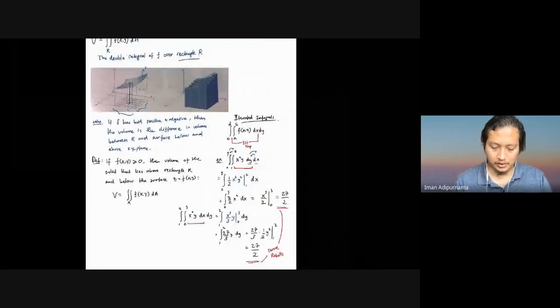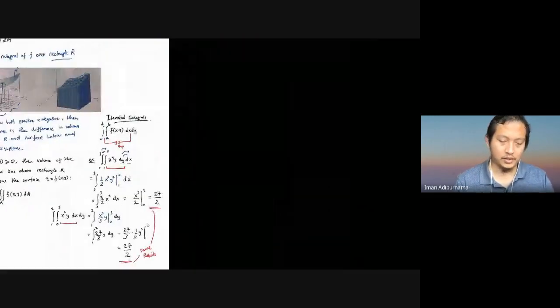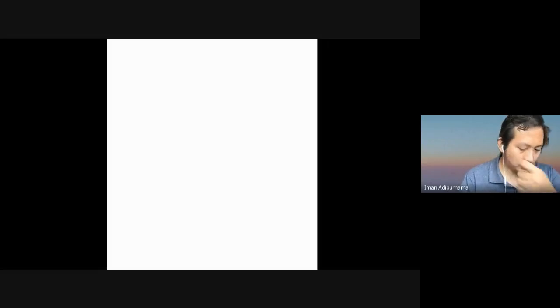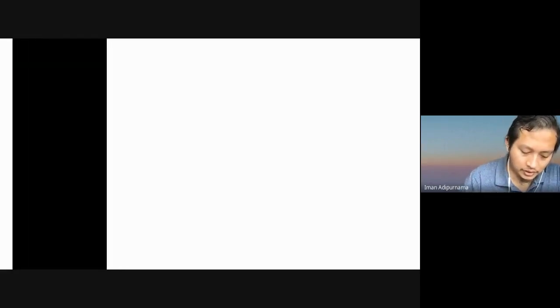That is the definition, we call it the theorem of Fubini, or Fubini's theorem.